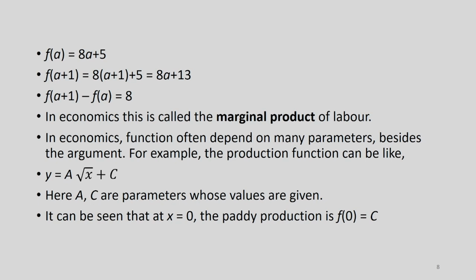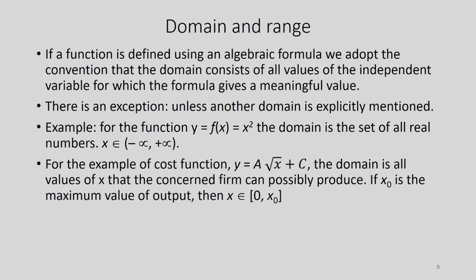Related to the idea of production function, there is something called the marginal product of labor, and I gave some examples. Then we defined what is a domain and what is a range. A domain is the set from which the x, that is the argument, is taking its value, and the range is the set to which this maps to, that is the set of values of the function.